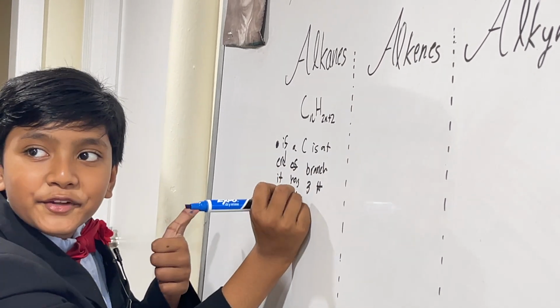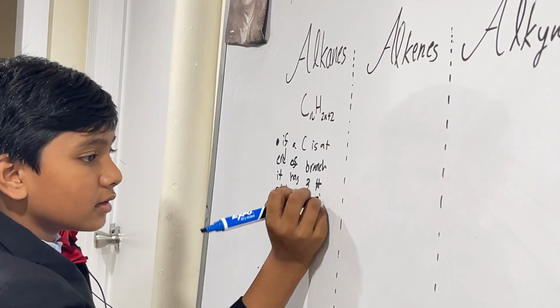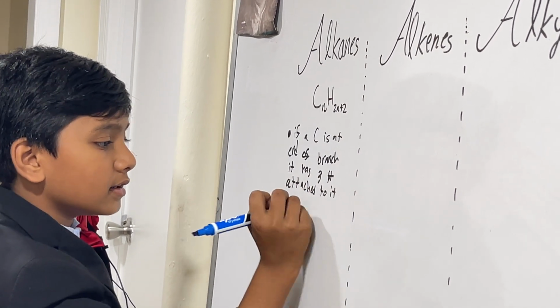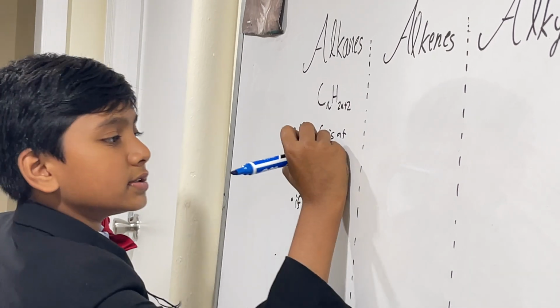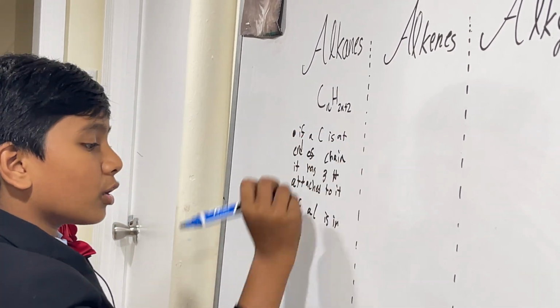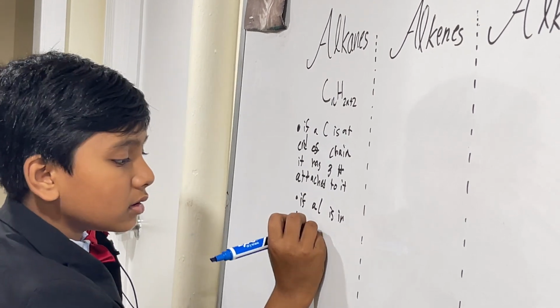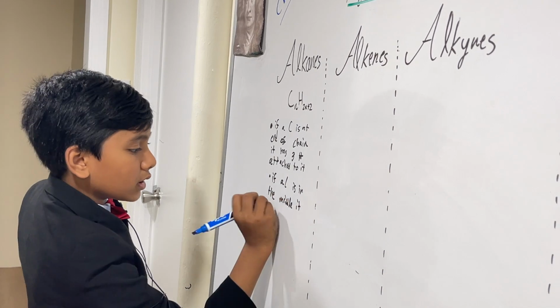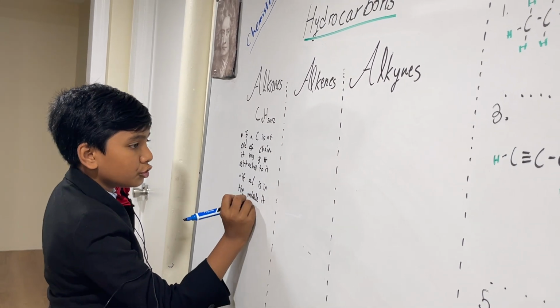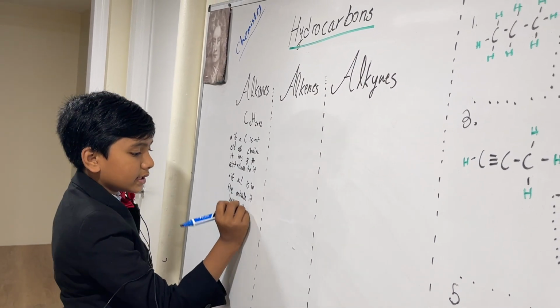All right, that's good. If a carbon is not a branch, you could just say a chain. If a carbon is in the middle of a chain, it will have 2 hydrogens attached to it.